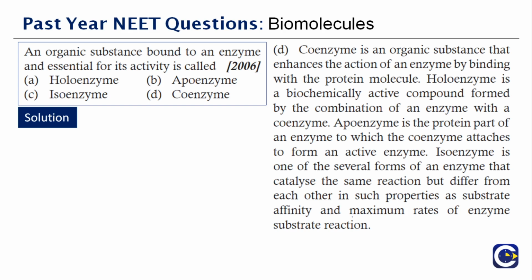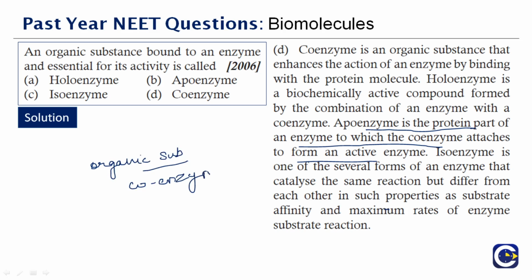So the one which binds to the enzyme is a coenzyme. Always remember that. Apoenzyme is the protein part of the enzyme to which the coenzyme attaches to form an active enzyme. Isozyme is one of several forms of an enzyme that can catalyze the same reaction but differ from each other in many properties. So here they have clearly mentioned an organic substance that will bind to an enzyme. So it is coenzyme. Always remember this.